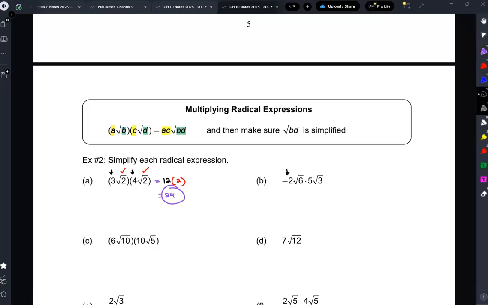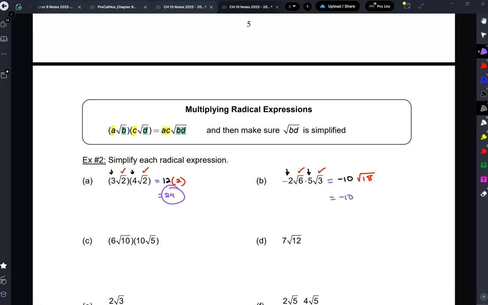Okay, look at this one. Outside, I have negative 2 times 5, how much is that? Negative 10. Inside, I have root 6 times root 3. That's root 18. So now the next step is, can I simplify the 18? And you know what? Yes, I can.